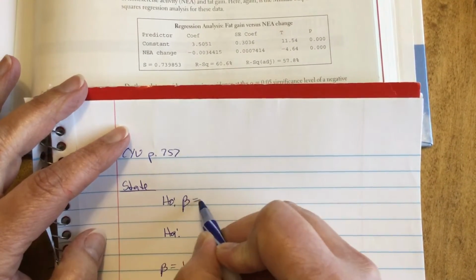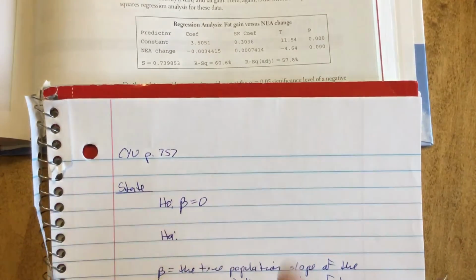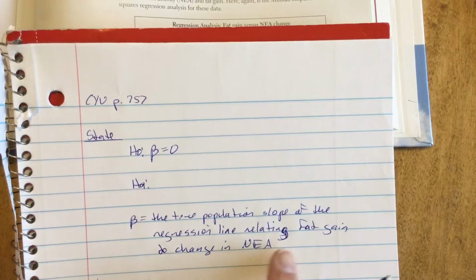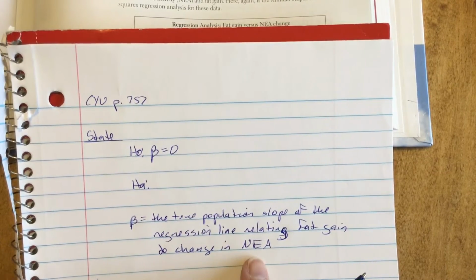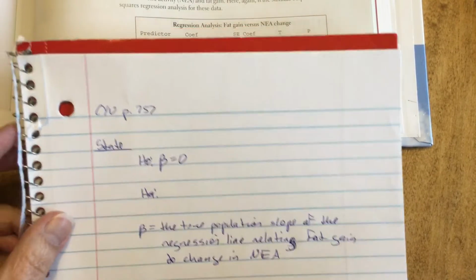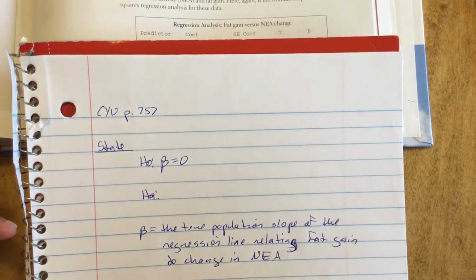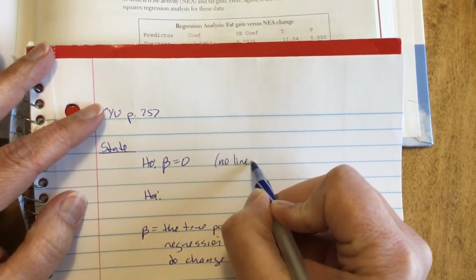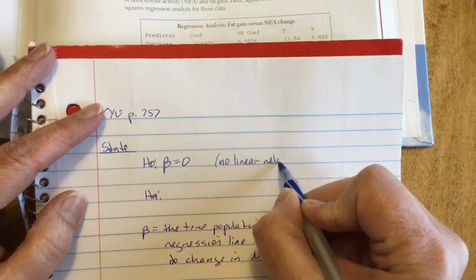So we'll say beta is 0, because remember beta is the true population slope of the regression line relating fat gain to change in NEA. So basically if a line has a slope of 0, it has no slope. It has no linear relationship. So I'm going to put that in parentheses. It means there's no linear relationship.